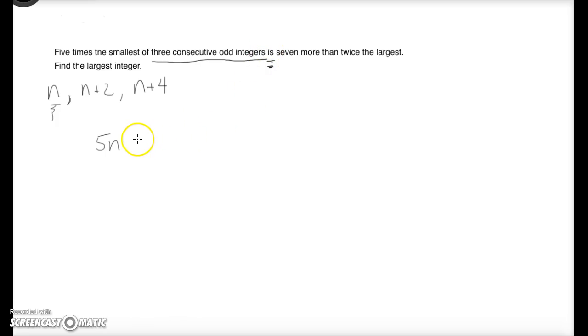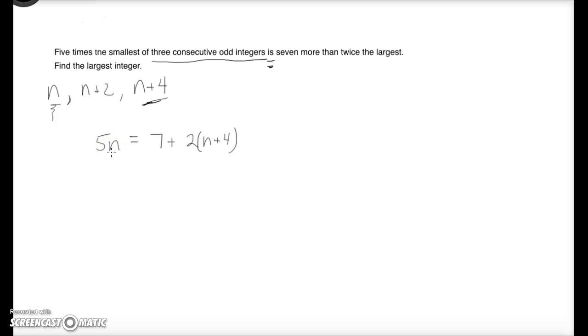That's where our equal sign goes. 5 times the smallest is equal to 7 more than, 7 added to, twice the largest integer. So this is my largest integer, so I need 2 times that. So now we have an equation that we can solve.